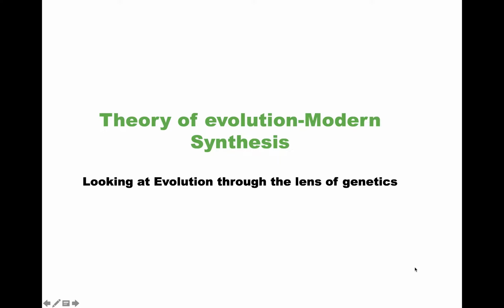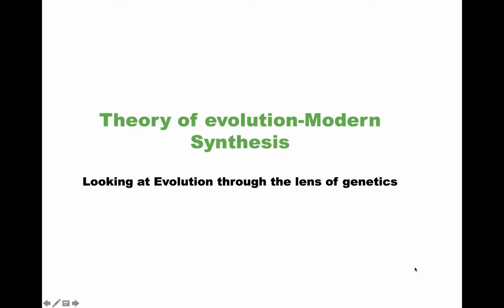Theory of evolution, modern synthesis. When Darwin published his theory of evolution and his findings, at the time, findings by Gregor Mendel describing the rules of inheritance hadn't really gotten that much attention.